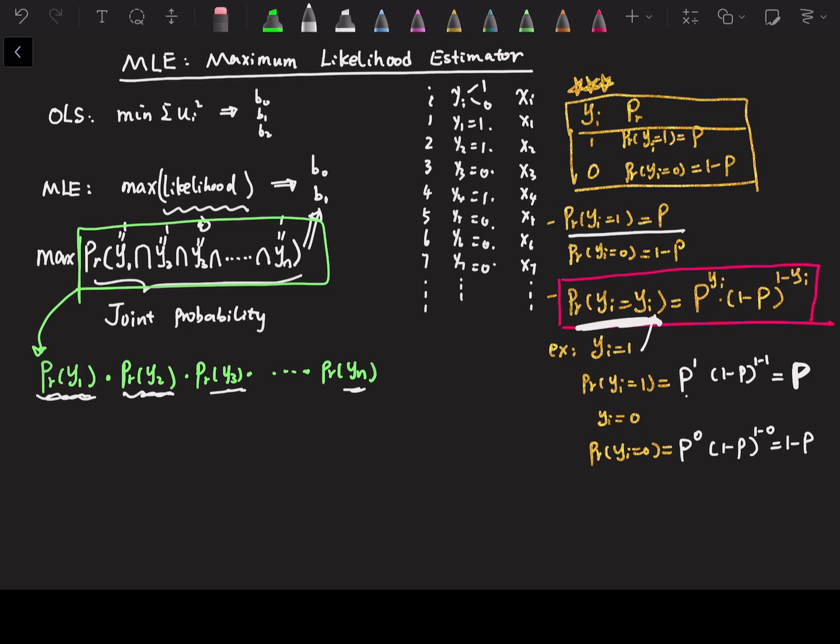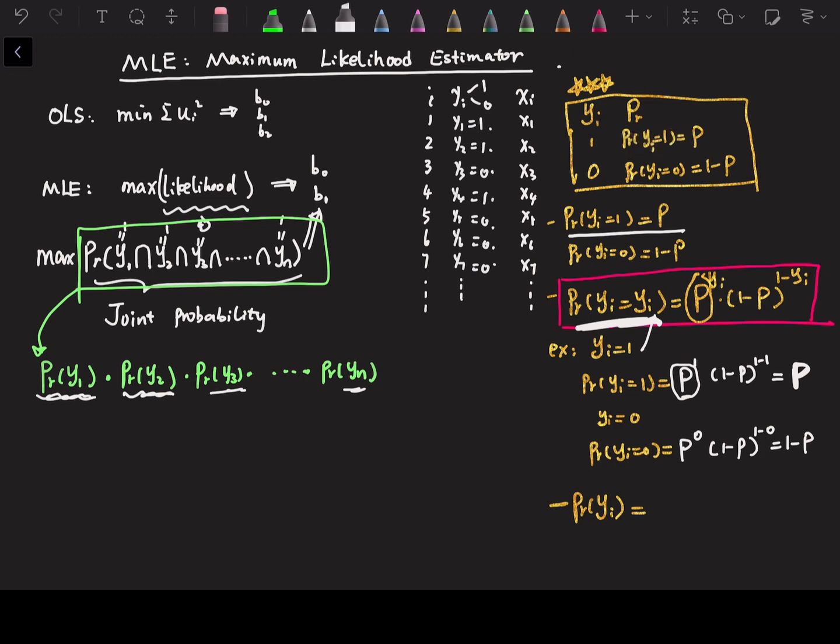Okay, and now this p, what is this p again? This p is the probability y is 1. So we can generalize this equation even further. The probability that y equals a value, either 1 or 0, equals, and now this p is the probability y equals 1.